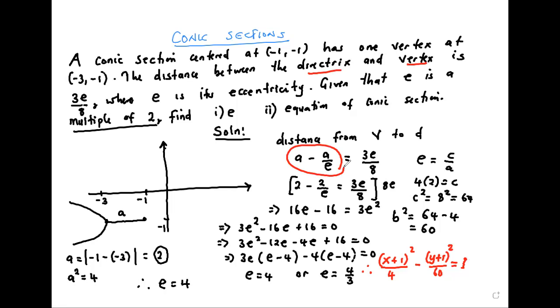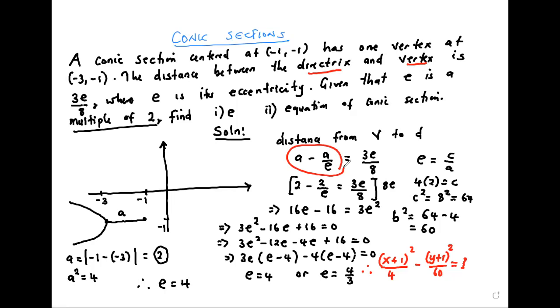This formula will also remind you that, suppose the information I have is not sufficient, if I also need to know the distance between the directrix and the center, then it's a over e. That's why we're subtracting from the whole a. So it's the main distance.